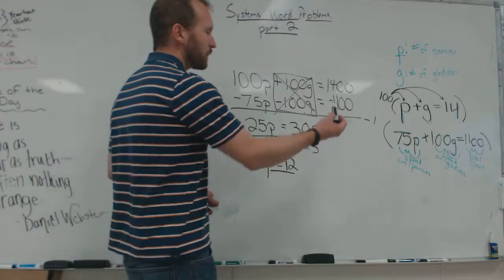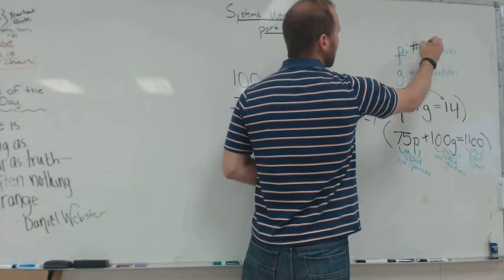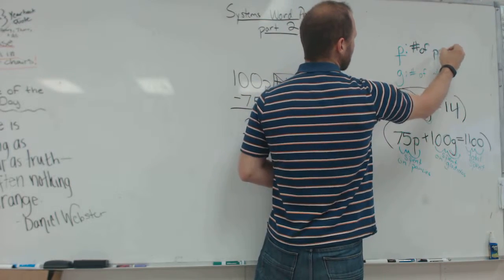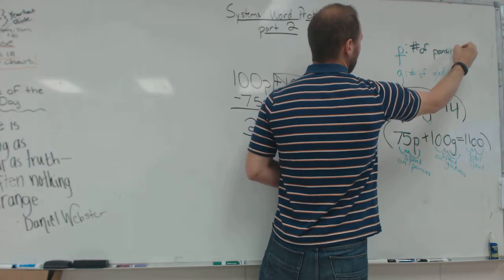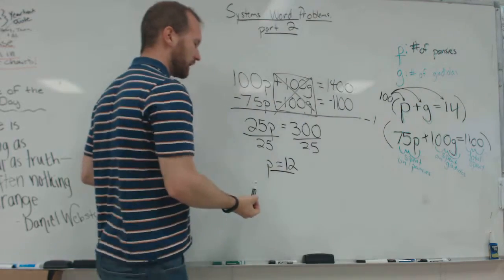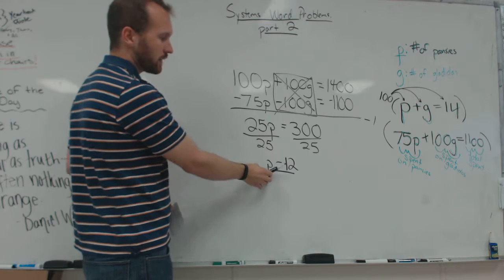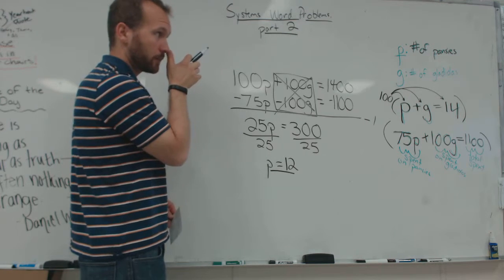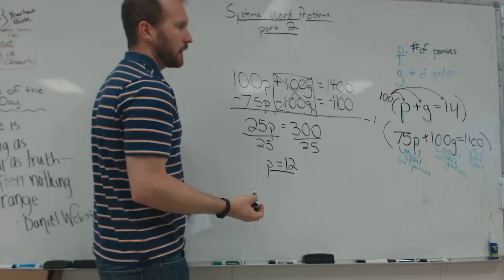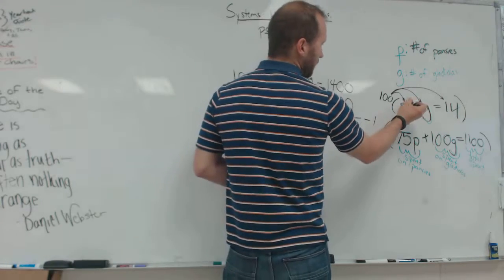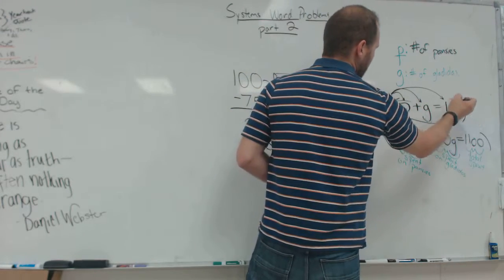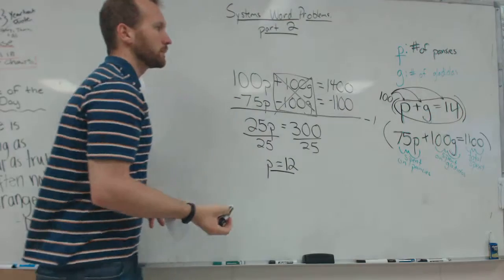Okay, so I have P. Now I'm going to remember, P is the number of pansies. So what this is telling me is she bought 12 pansies. Now I need to find G. I'm going to go back to this equation right here, because it's the easiest one to plug into.